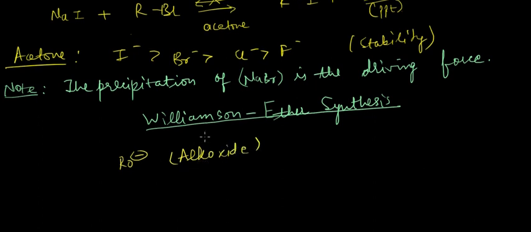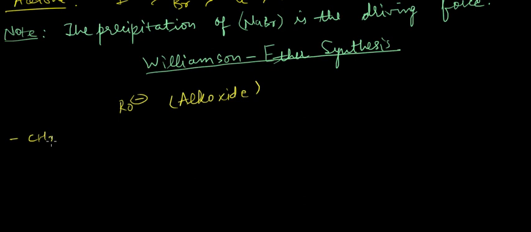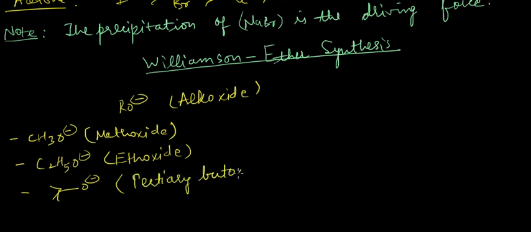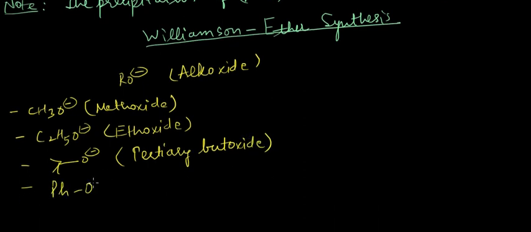So similarly we can name CH3O minus as methoxide, C2H5O minus as ethoxide, then this as tertiary butoxide, and this as phenoxide.